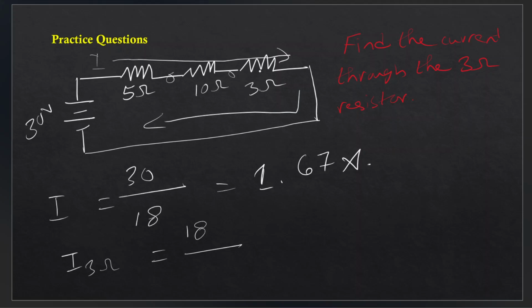So we cannot use just 3, we have to use the entire branch. So we put 18 down here, times IT, 1.67. Now 18 cancels out, so we have 1.67 amperes left for I3, which is the same through I10 and I15. So current does not divide in series circuits. Current divides only in parallel circuits, or parallel connections in the case of mixed circuits.